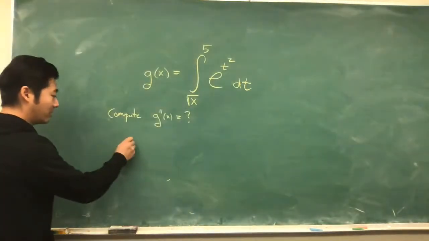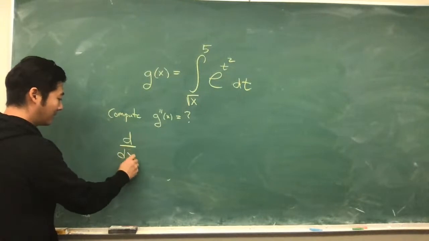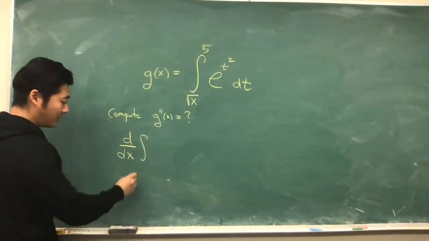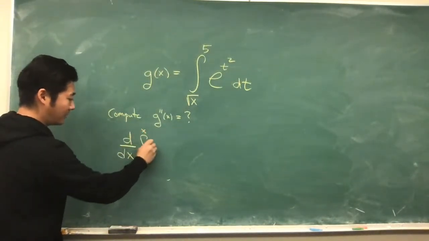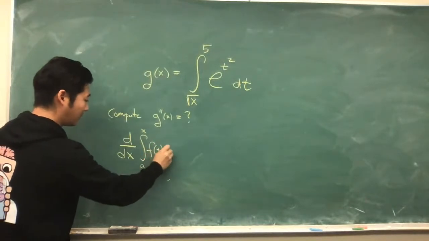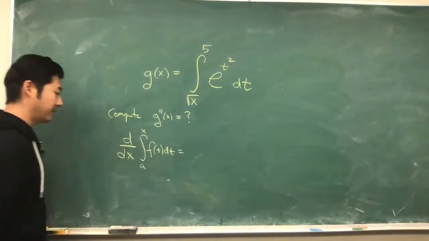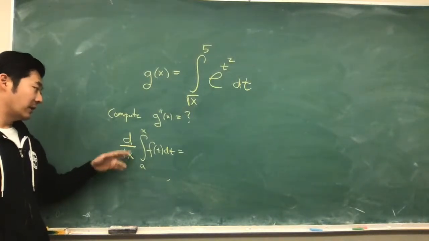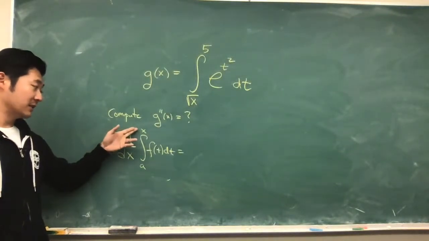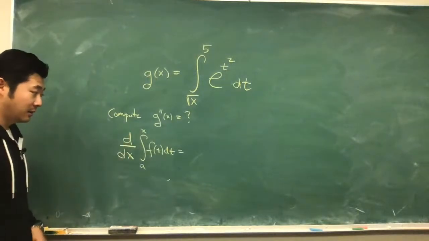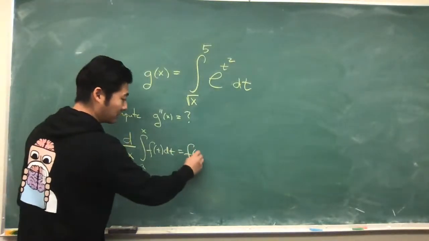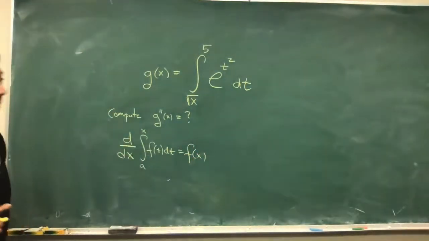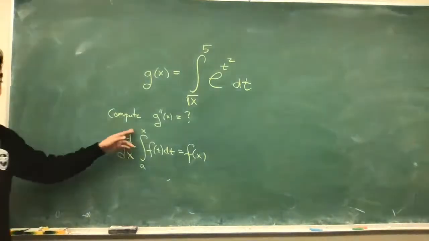And the fundamental theorem of calculus says that if you want to take the derivative with respect to a variable that's in the bounds of integration, so x and x here, then this is just f of x. So you just plug in. And it has to be on the top.